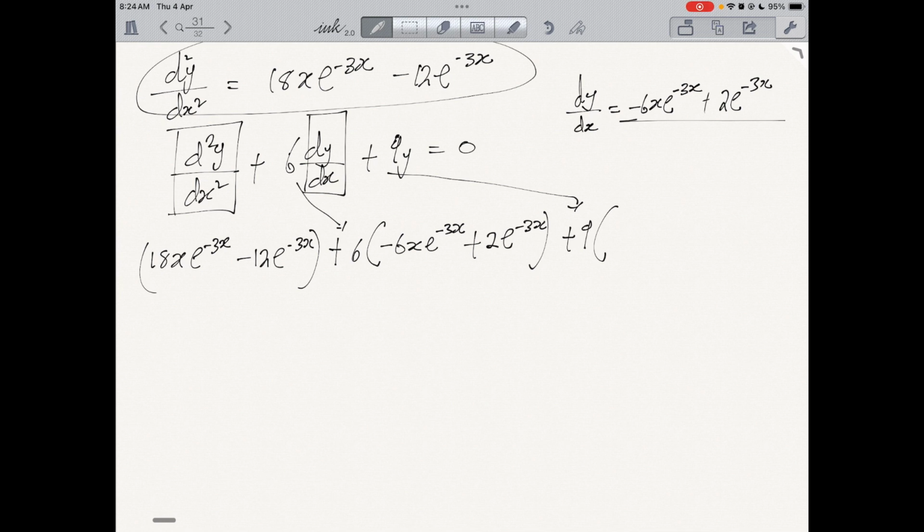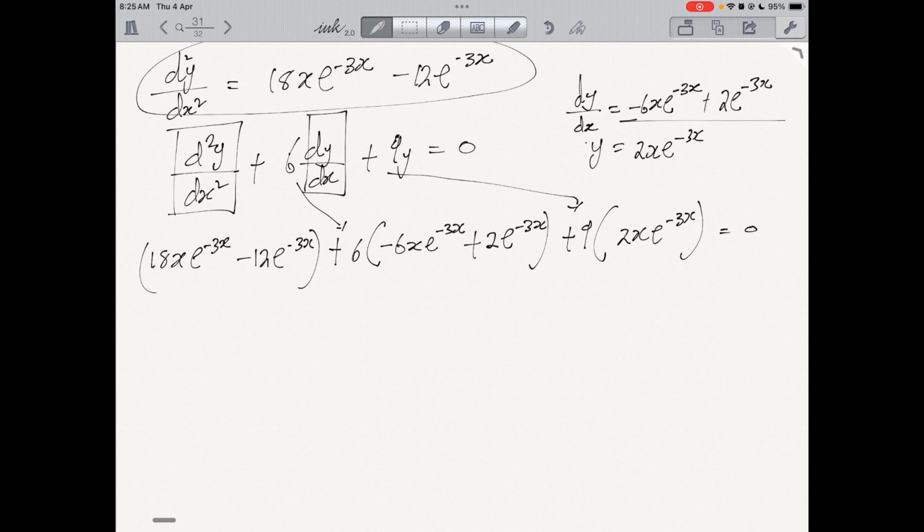And let's make our substitution of y. Our y in the question is given as 2x exponential minus 3x. Now this should give us 0.